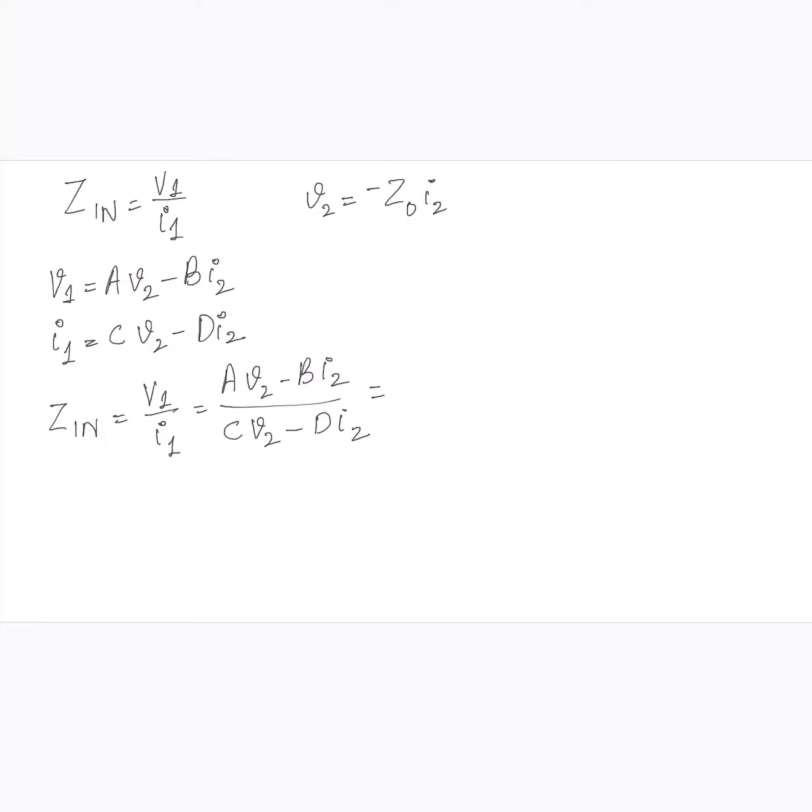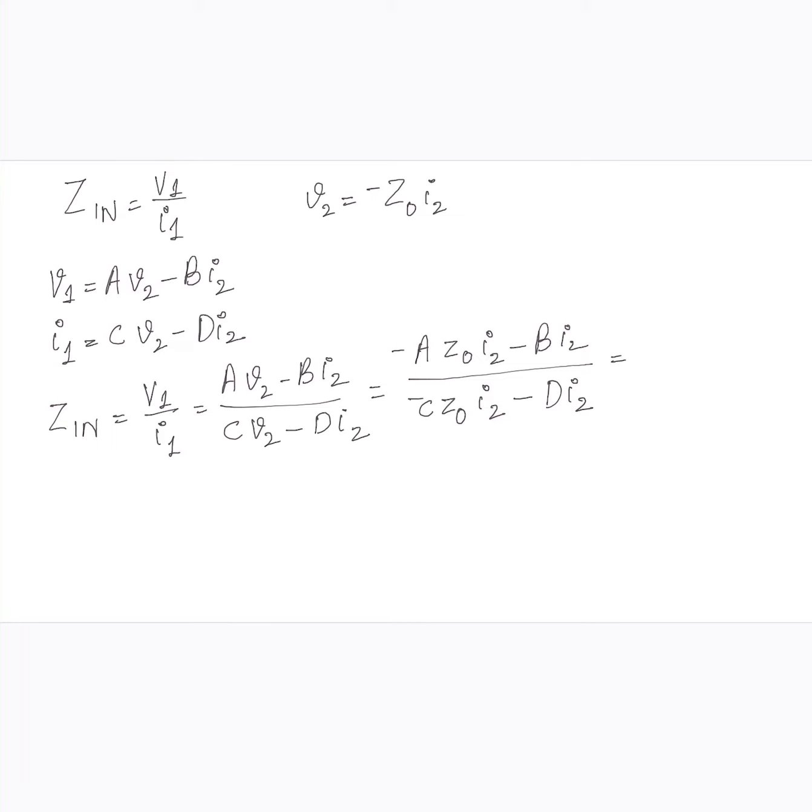Substituting for V2, this equation can be written as minus A into Z0 into I2 minus B into I2 divided by, again substituting for V2, that is minus Z0 into I2, minus C Z0 into I2 minus D into I2.